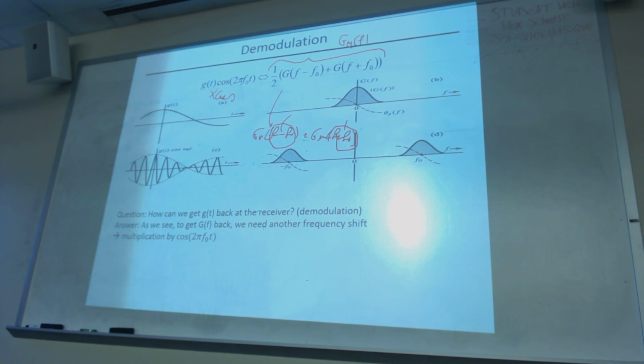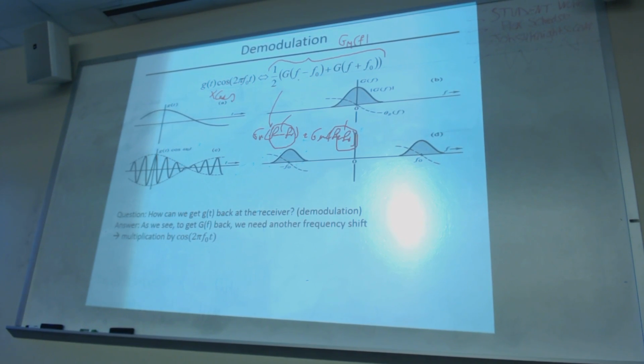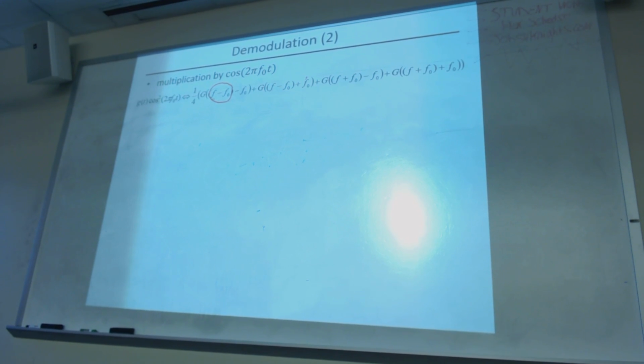So f minus f naught here, and then another term f plus f naught. That's why you get 4 terms. This is the first, where instead of f we put f minus f naught, and then you replace it with f plus f naught. This is the second step of that.